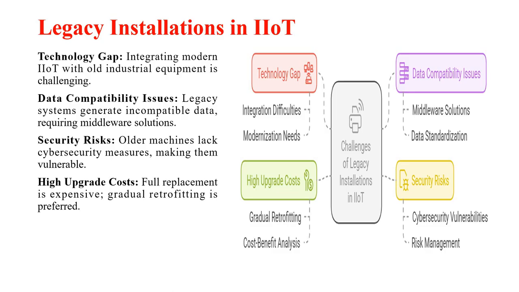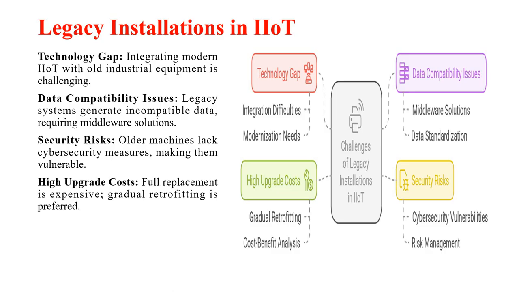So the key challenges here are the coexistence of old and new technology. That is the technology gap, where the legacy systems were not designed for industrial IoT, making integration difficult, and retrofitting older equipment with sensors and IoT interfaces is costly and complex.